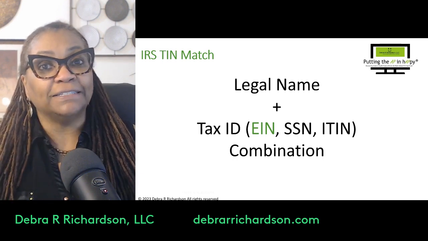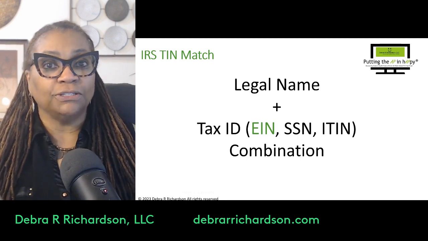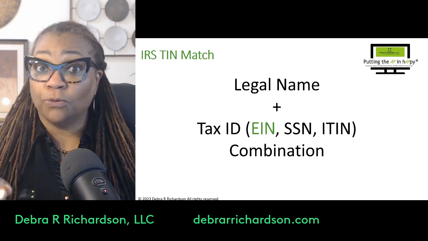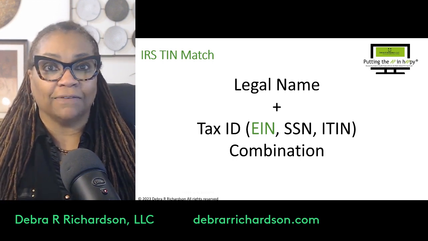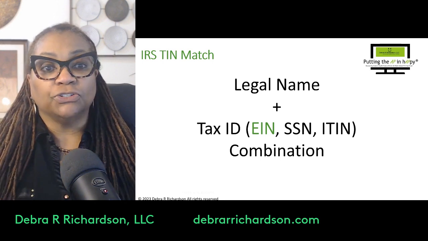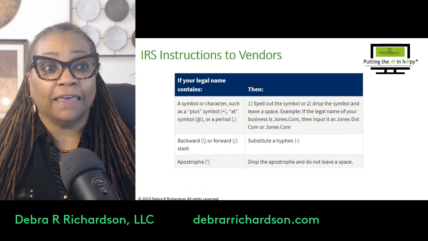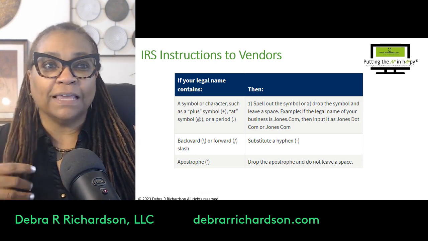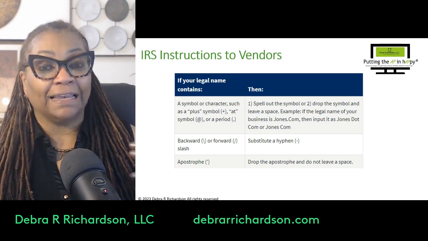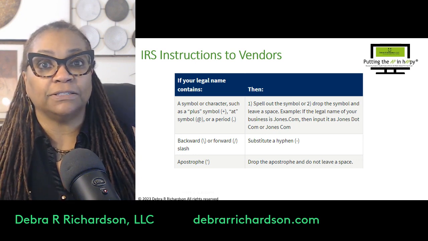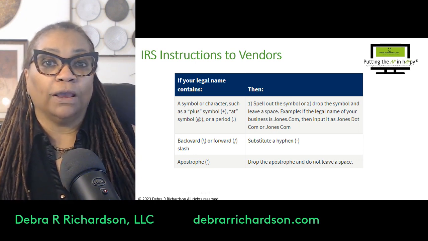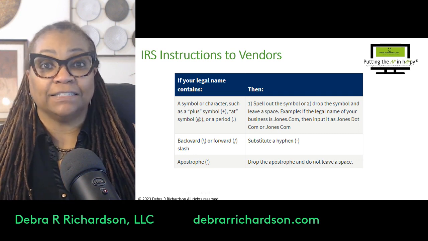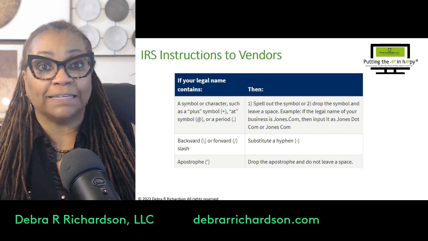The IRS does give instructions to the vendor in three separate scenarios that might help you, even if your point of contact at the vendor doesn't know. So let's take a look at this. These are the IRS instructions to the vendor for those that have an EIN, from the page where the IRS talks about the vendor going through the SS-4 form in order to request an EIN.